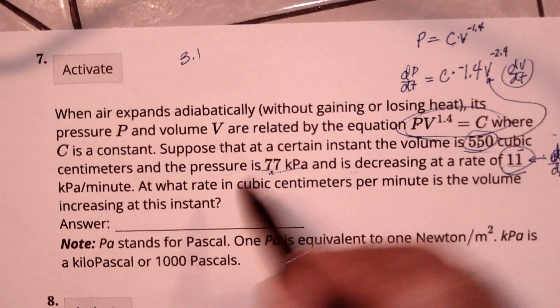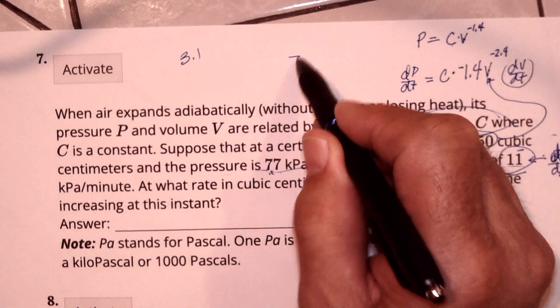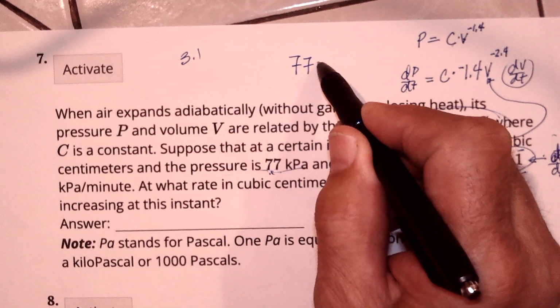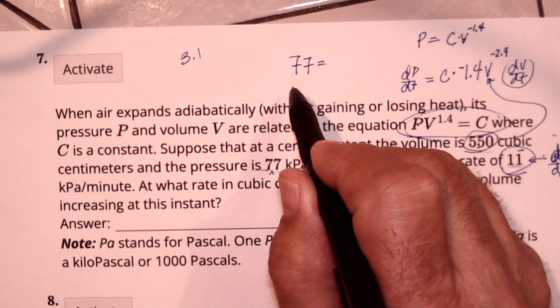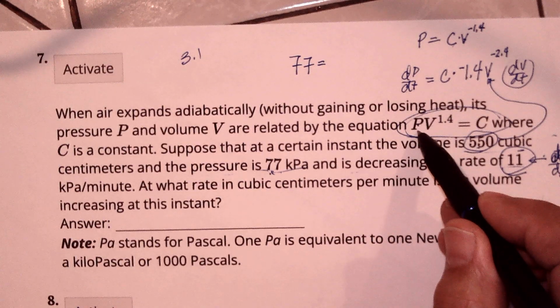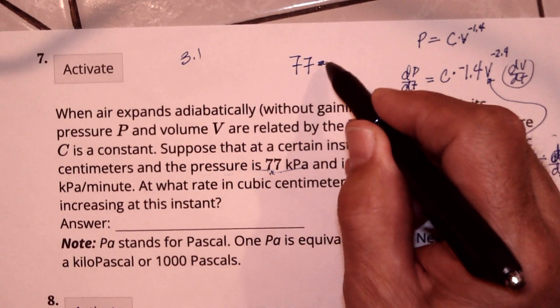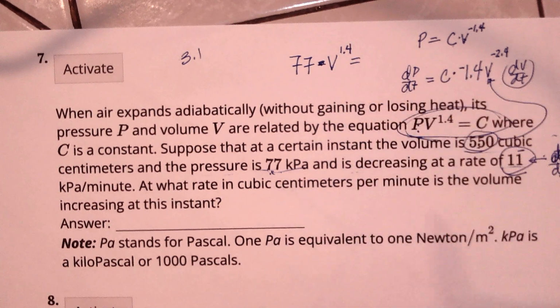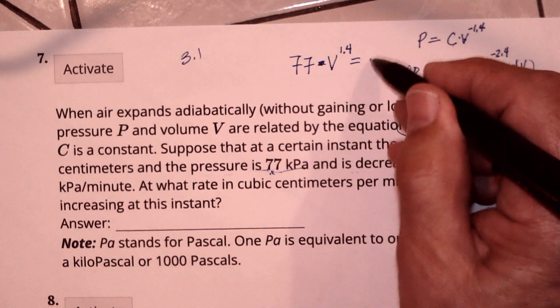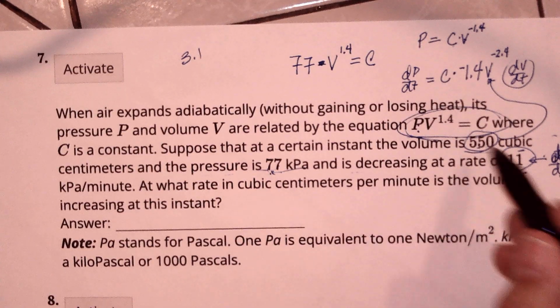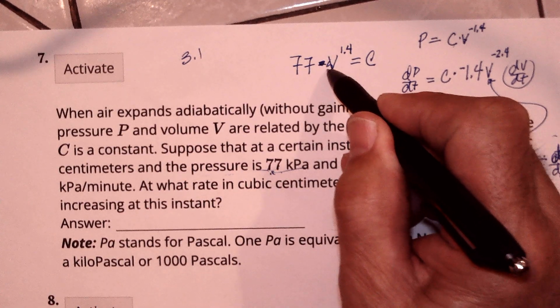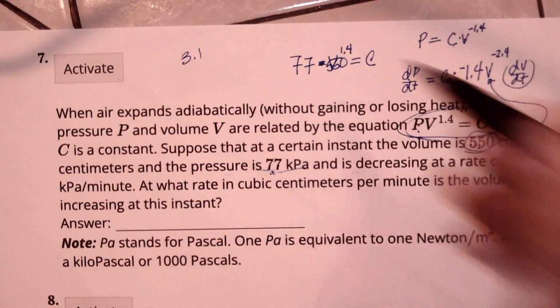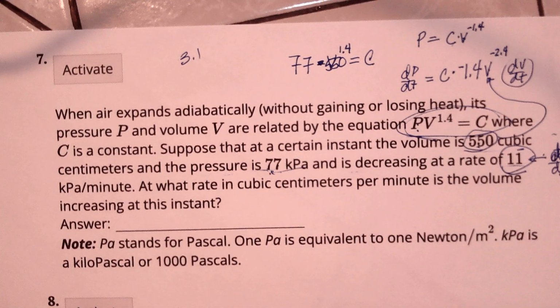So 77 equals C times V to the 1.4, so C equals 77 times V to the 1.4, and the volume was 550. So I need my calculator here and figure out what C is.